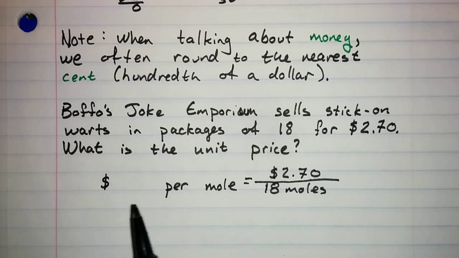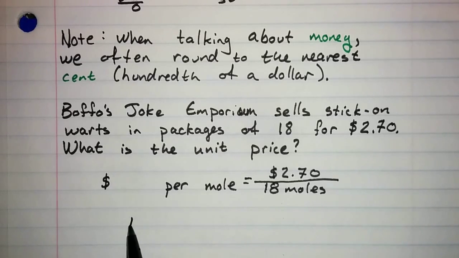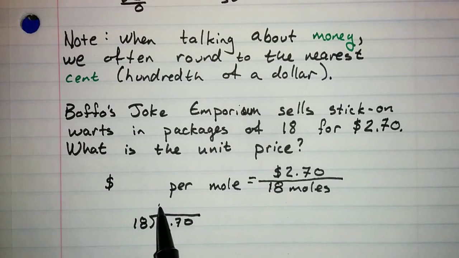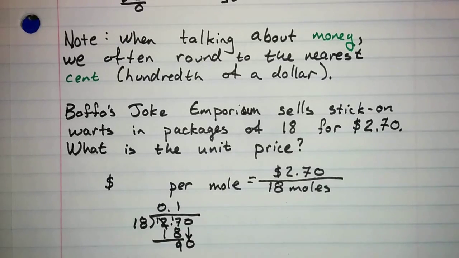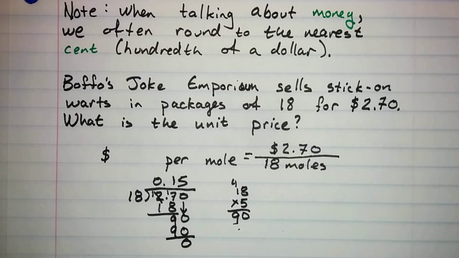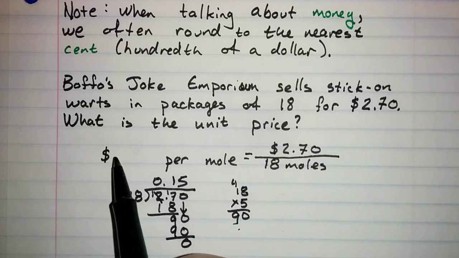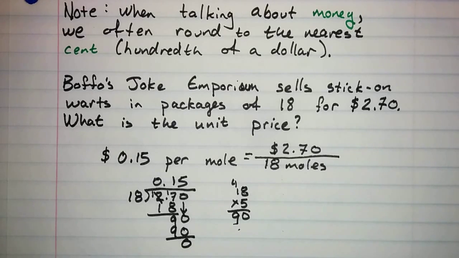So to get dollars per wart, we just do this division. 18 goes into 2, no. Into 27 once. Into 90, I'm going to guess 5. So that's right. Nothing left over, so it turns out I didn't have to round. $0.15 per wart, or 15 cents per wart.